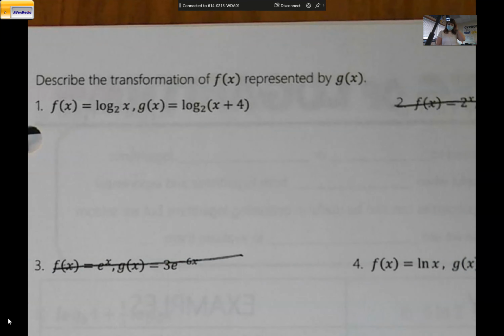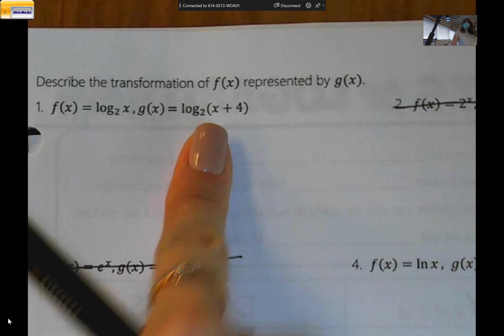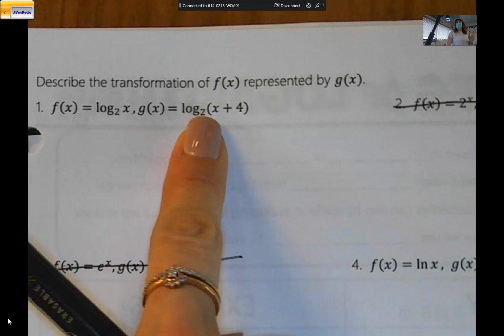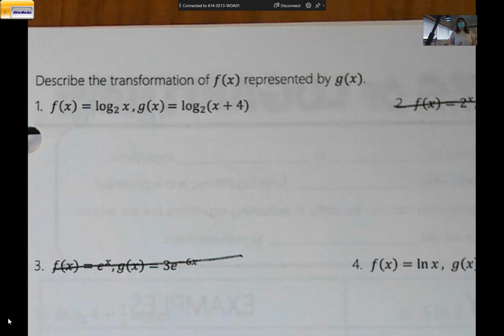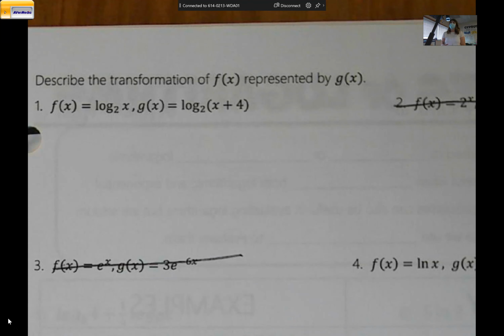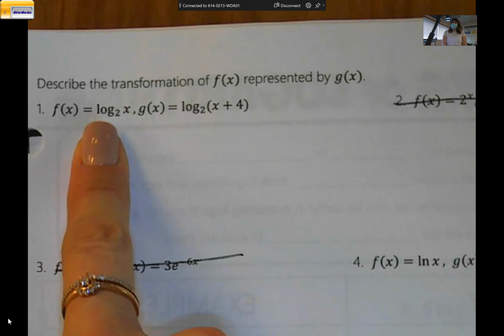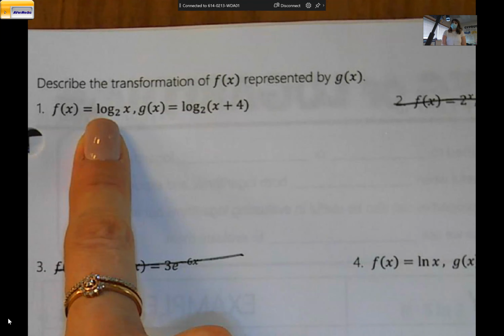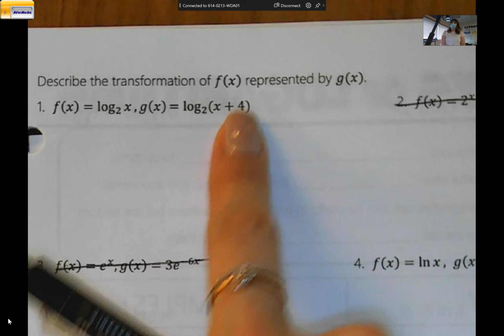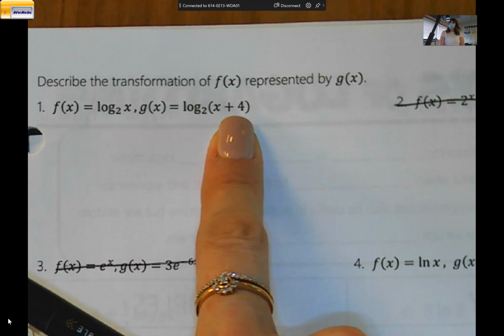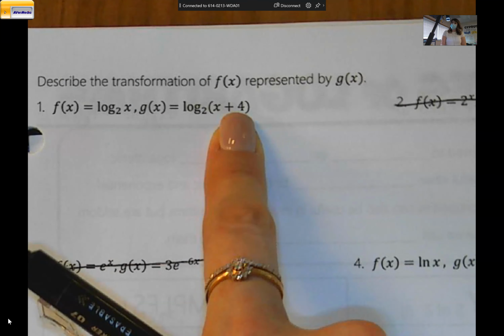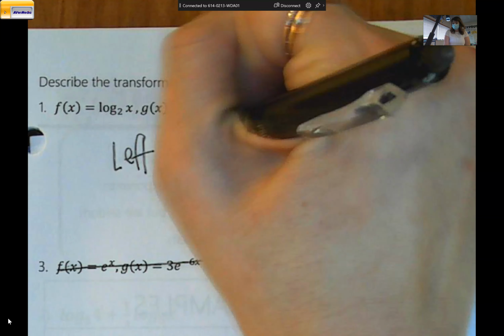Okay. So first one is log base 2. We don't do anything with that base 2. The base 2 is not a transformation. It's just telling you which log we have. So this is a log base 2. This is your original. So we took that original and added 4 to x. So he's trapped inside the x, which means we went left 4.